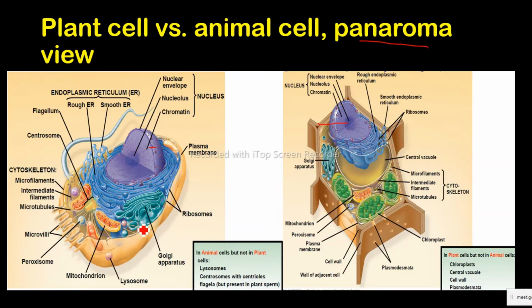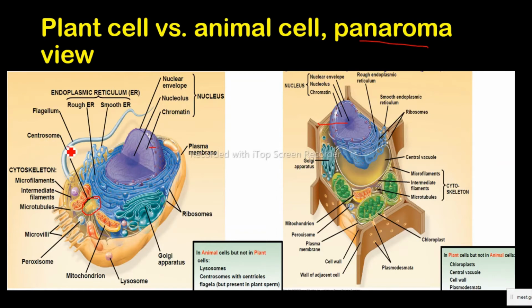You can compare. There are some structures that are present within an animal cell that are absent in a plant cell, and I hope you should be able to spot some. For example, let's demystify an animal cell: you cannot expect to find centrioles in plant cells. It is not by mistake that they are not there.